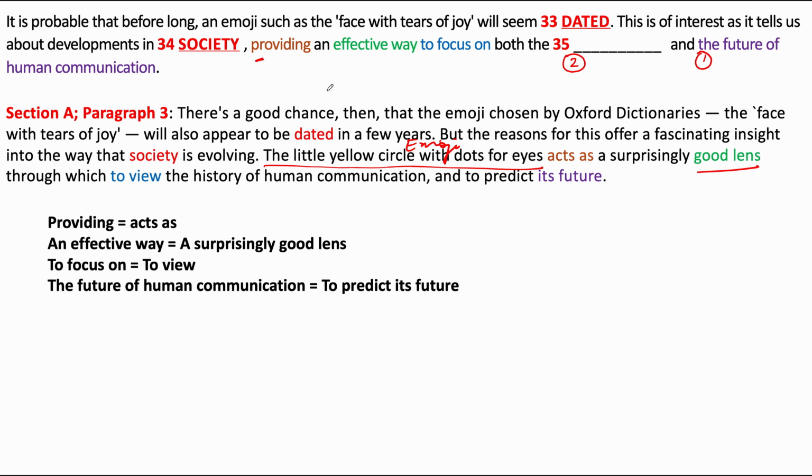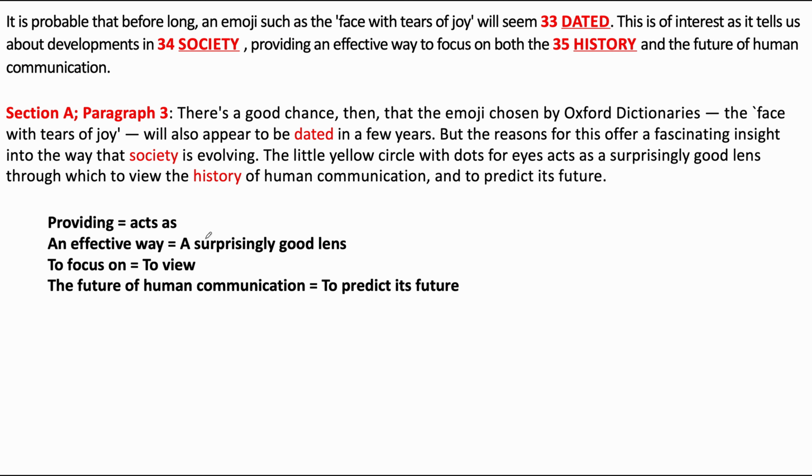A good lens is an effective way of looking at something. So, it provides a good lens through which to view two things. One is the history of human communication. The second is predict its future. The its here is the future of human communication. The answer is history. So, with this, we have three answers, all from one paragraph of section A.